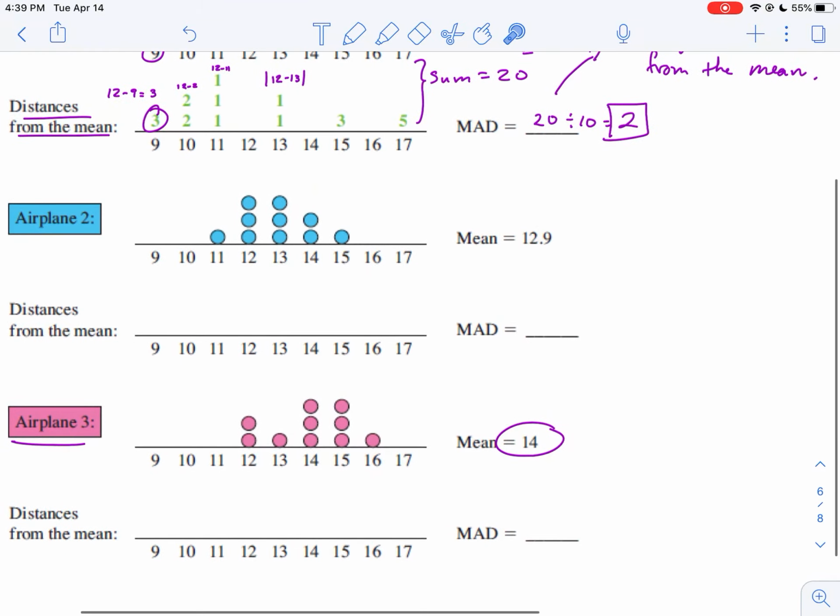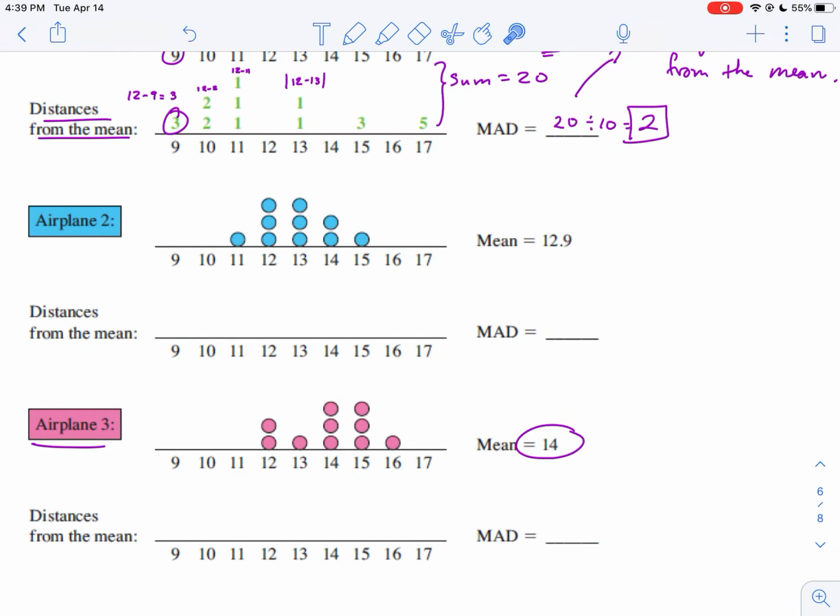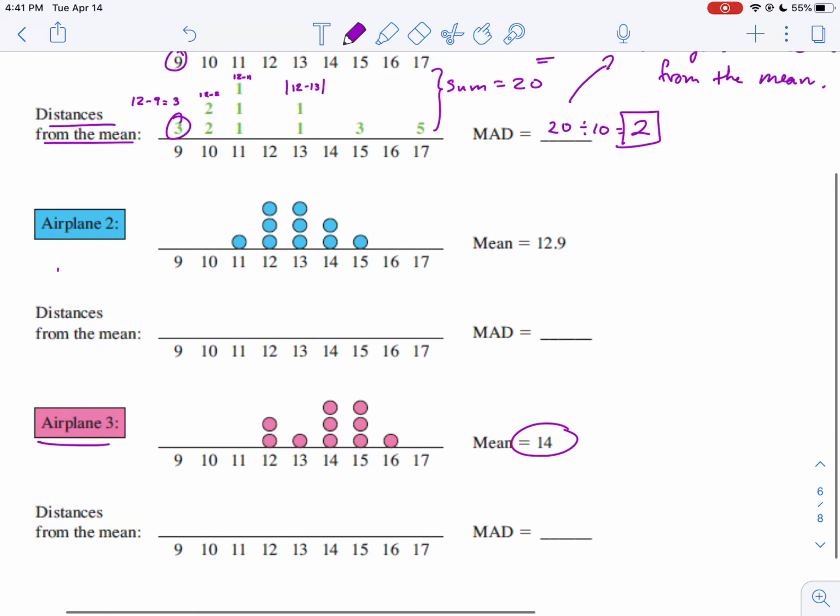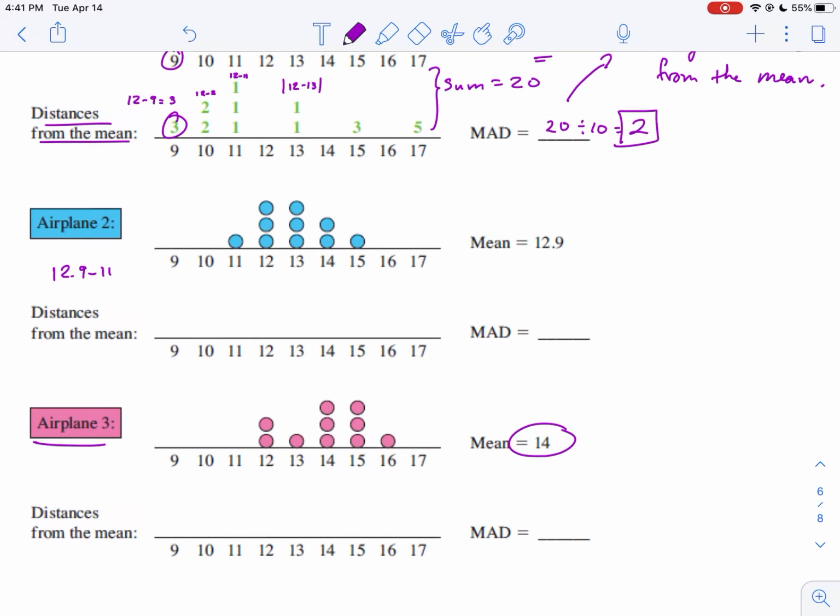All right, let's do this same thing for airplane design 2. We've got 12.9. First thing to find the MAD, or the mean absolute deviation, we have to find how far is each from the mean. So here's where our subtraction might be a little more useful. We've got 12.9 minus 11. That's going to give me 1.9 away.